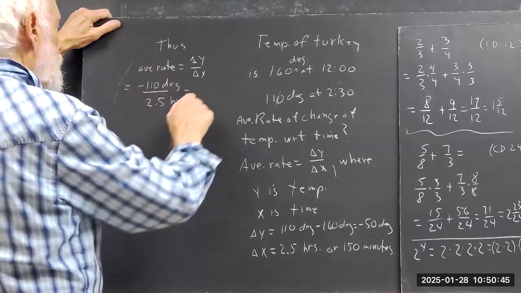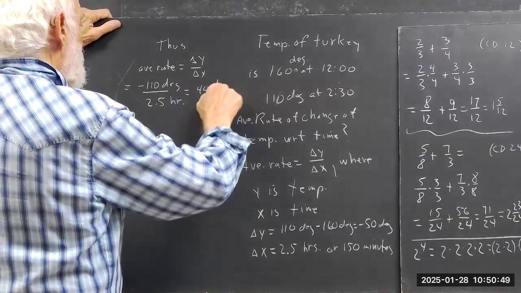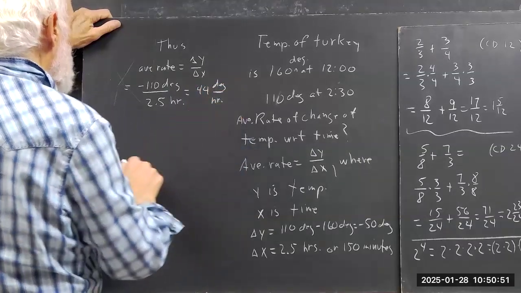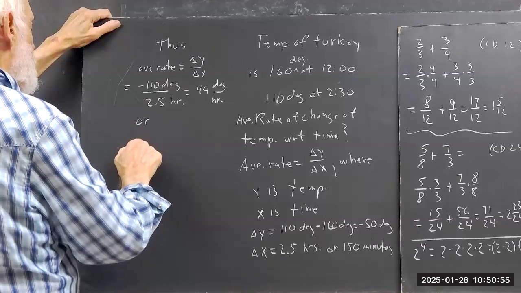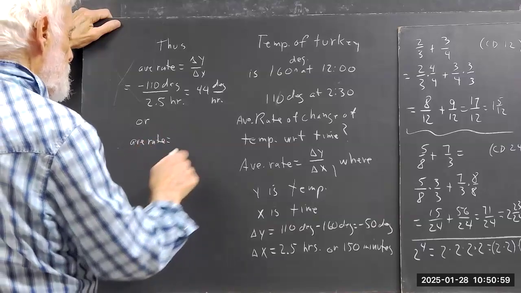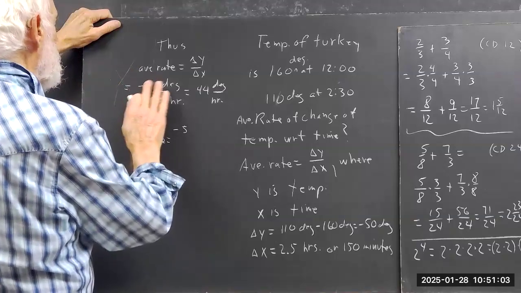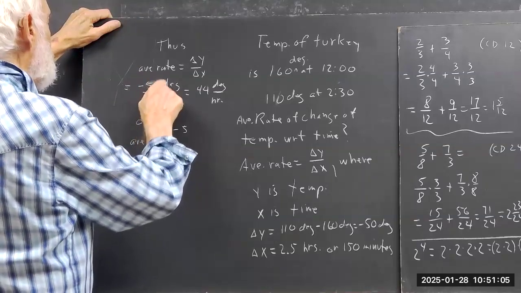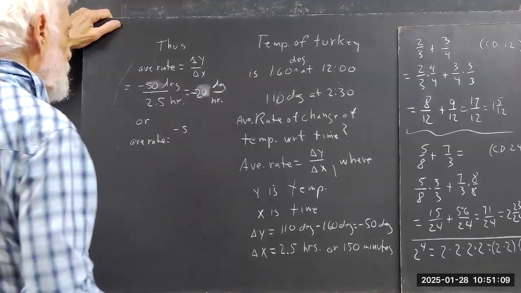And if you divide that out, you get 44 degrees per hour. Or the average rate would be negative, it's not negative 110 degrees, it's negative 60 degrees. Sorry. And that's negative 20 degrees per hour.